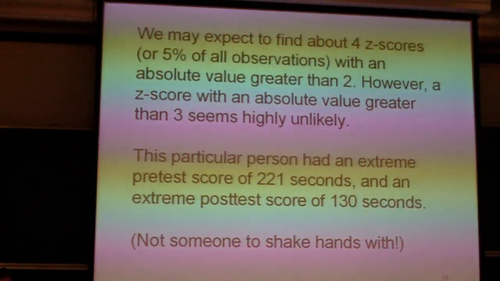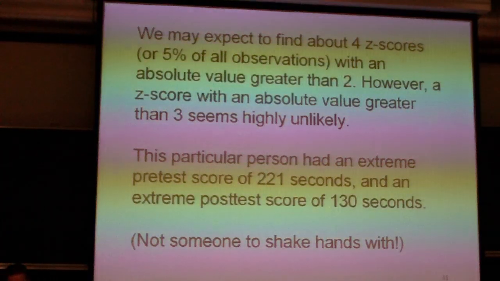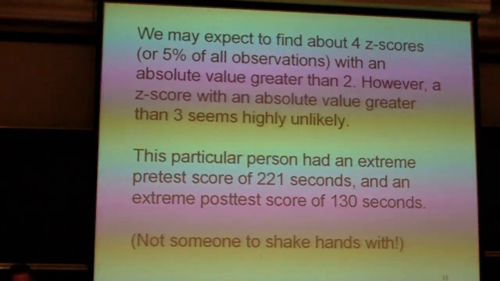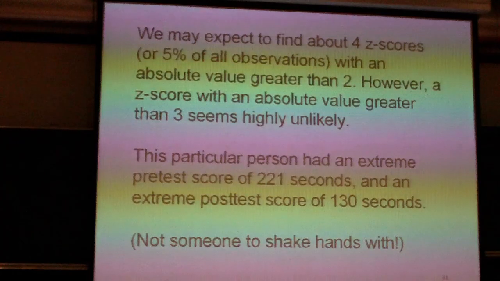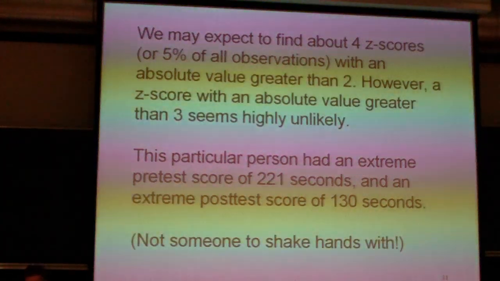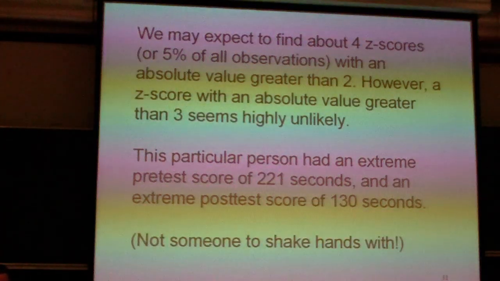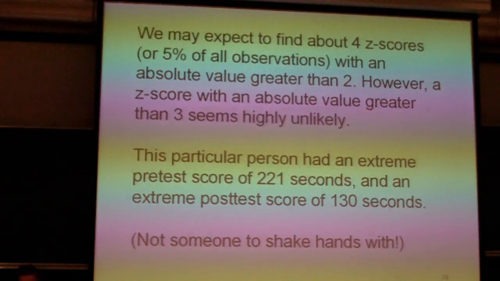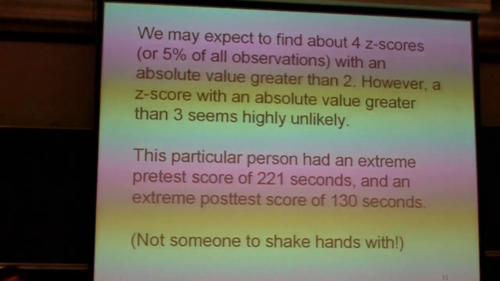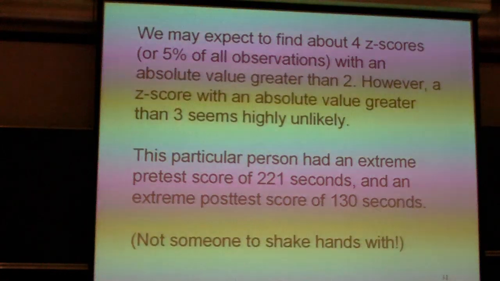However, a z-score with an absolute value greater than 3 would be highly unlikely under any circumstances. And we have seen there was one particular person who had a z-score of minus 3.5, and indeed this particular person had an extreme pretest score of 221 seconds and an extreme post-test score of 130 seconds. So obviously a huge fellow.